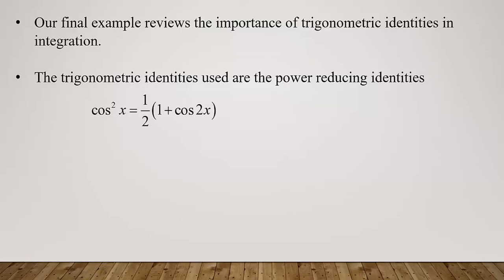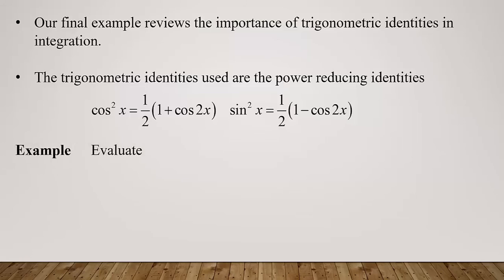The first is cosine squared x equals 1/2 times the quantity 1 plus cosine 2x, and sine squared x equals 1/2 times the quantity 1 minus cosine 2x.